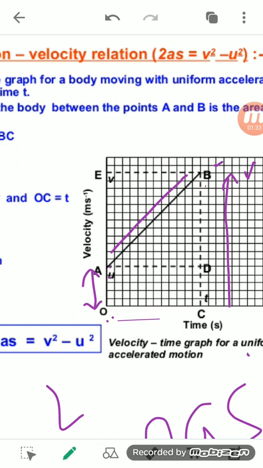The time taken by the body to travel from O to C, that is, to reach B, is equal to T here.